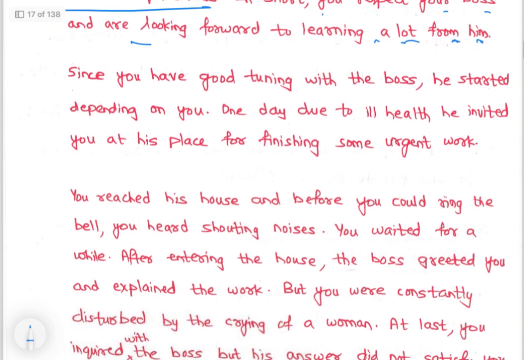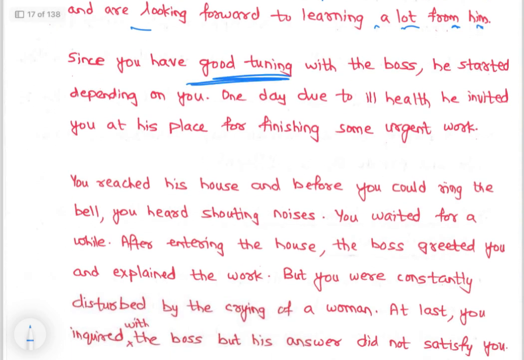Since you have good tuning with the boss, he started depending on you. One day, due to ill health, he invited you at his place for finishing some urgent work, right? You reached his house and before you could ring the bell, you heard shouting noises.